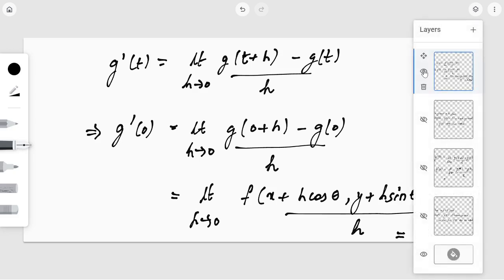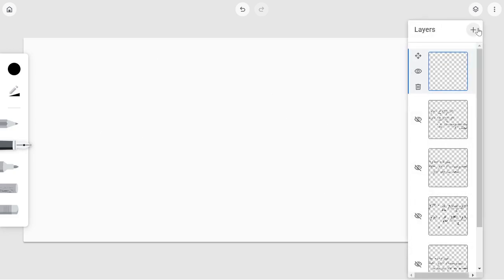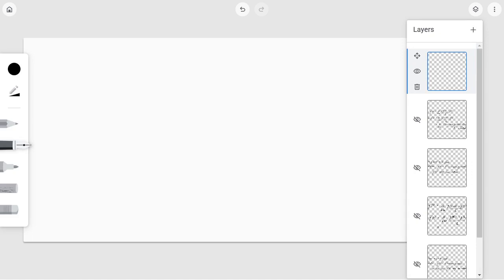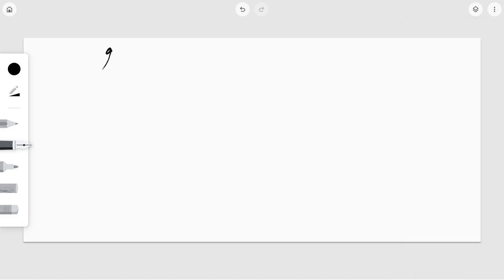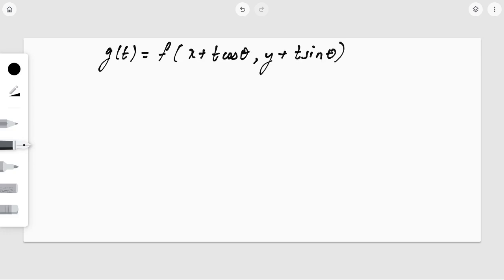Now let us find the derivative of g using the chain rule. G of t was defined to be f of x plus t cos theta, comma y plus t sin theta. So g is a function of t only, but f is a function of x plus t cos theta and y plus t sin theta.